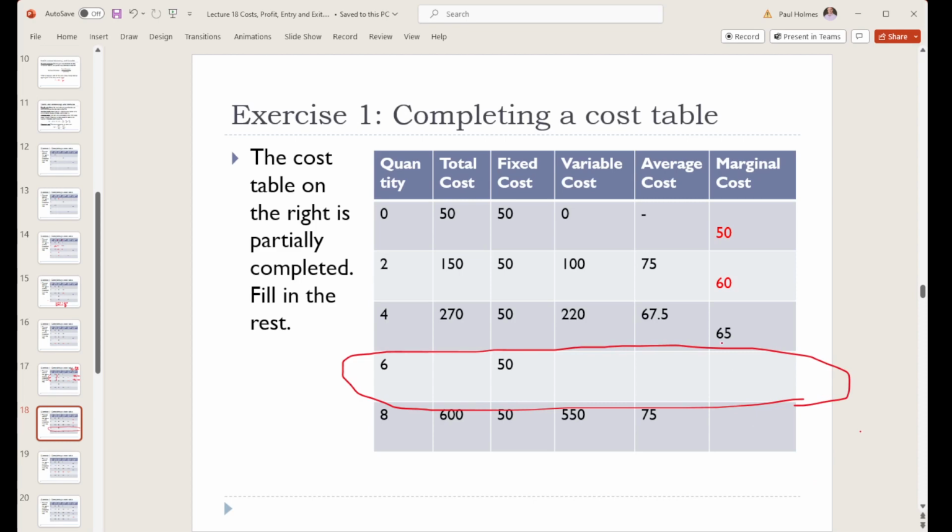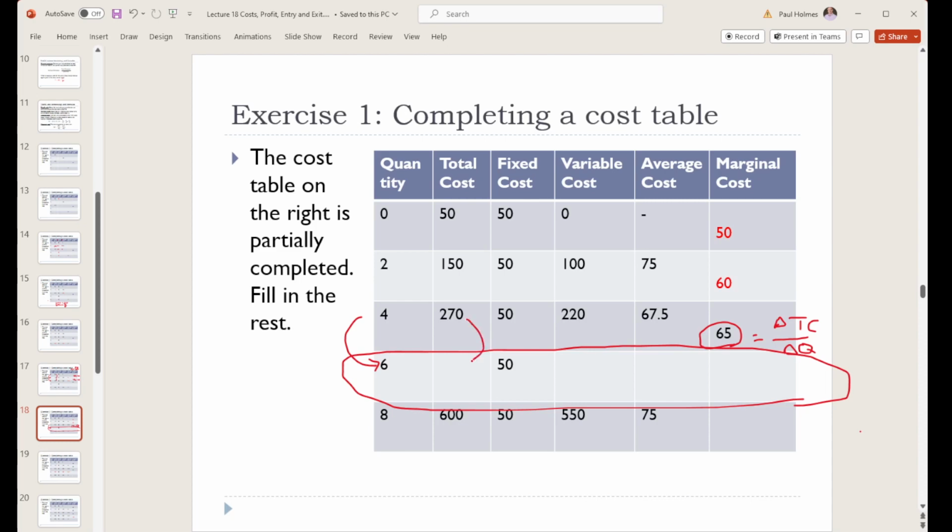Well, we'll have to use this marginal cost that's sitting up here. Marginal cost, remember, is change in total cost divided by change in quantity. We know the change in quantity is 2.